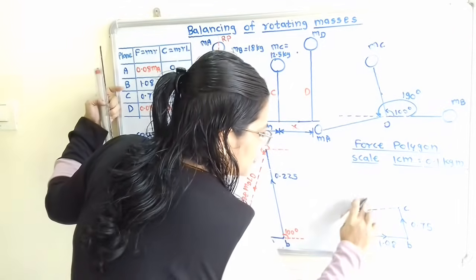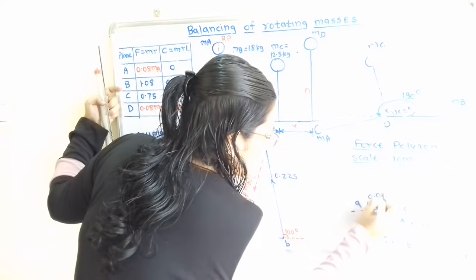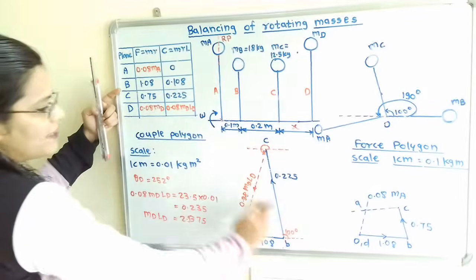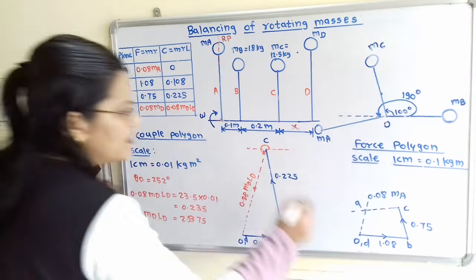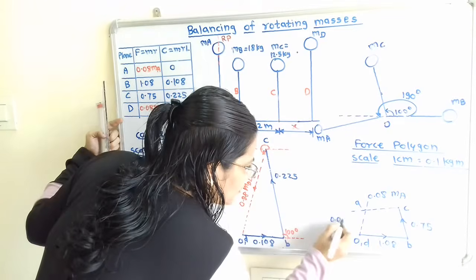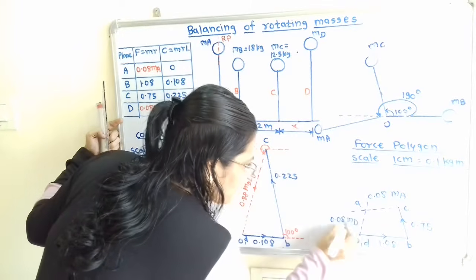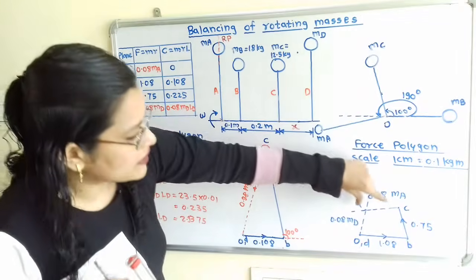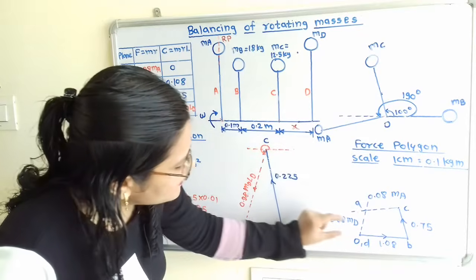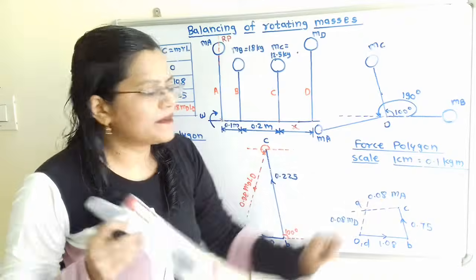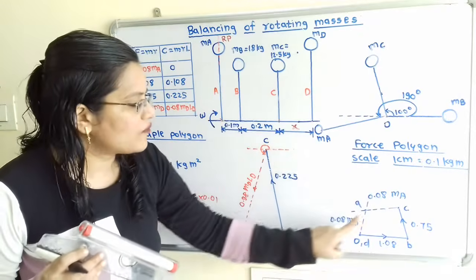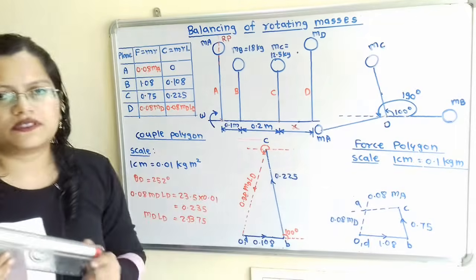So I will mention here 0.08 MA. And value from this A to D. So last point is D, that means it is 0.08 MD. Now we have to measure this distance A to C as well as distance A to D, and we will then multiply with scale, and then we have to find out these unknown terms.